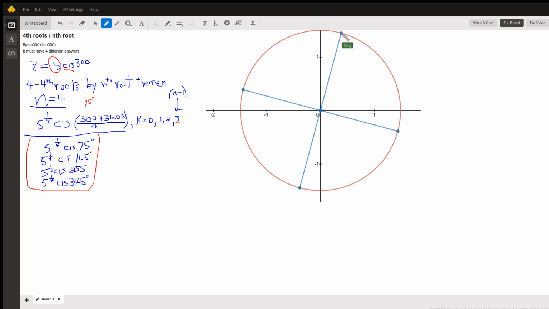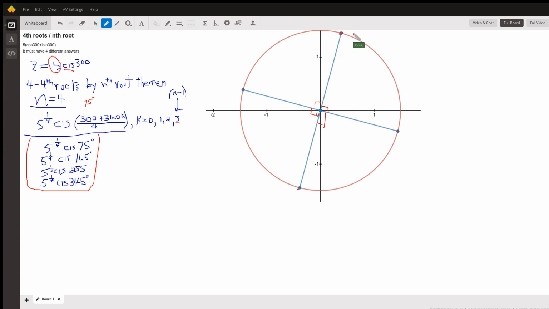In other words, these complex roots are equally spaced around a circle with a radius of 5 to the 1/4, which is about 1.5. So this is 90 degrees. This is 90 degrees. 90 degrees, 90 degrees.